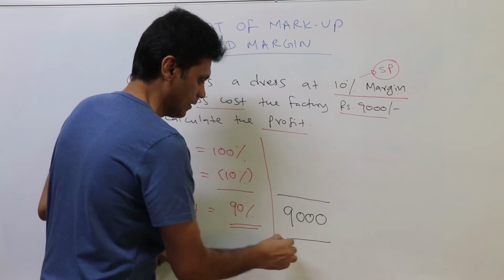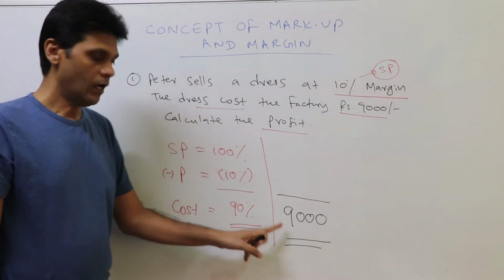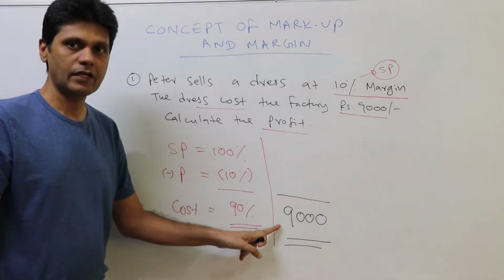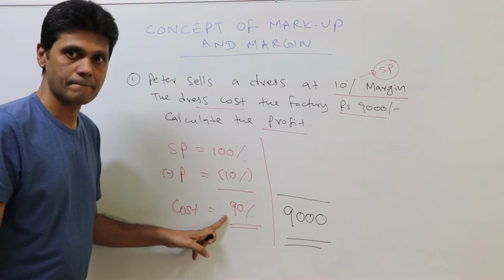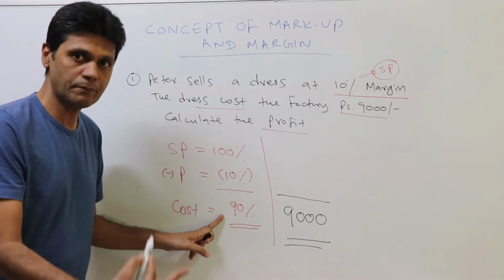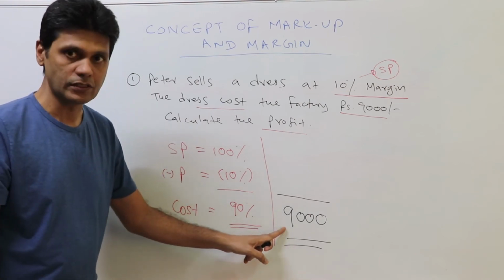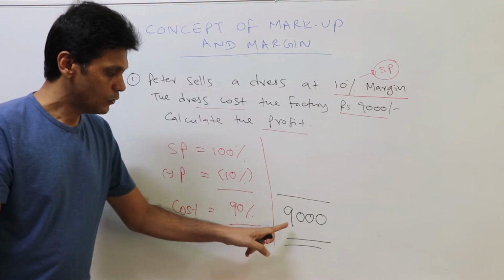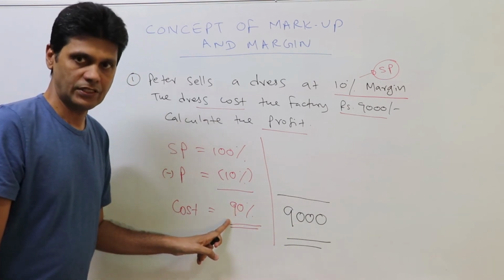If you know the real cost, and the percentage of the real cost, which is 90%, as a percentage the cost is 90%, whereas your real cost is 9,000. So you can equate this real cost to the percentage.